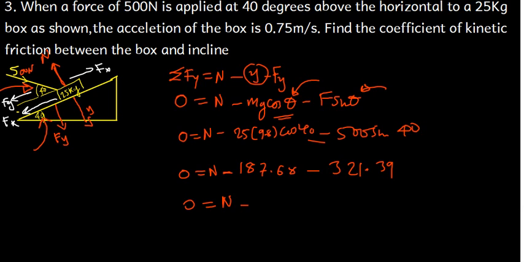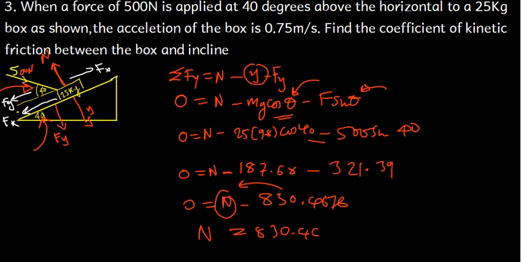What I'm getting is negative 830.4676. So if I take this to the other side, the normal force is going to remain, and this one becomes positive 830.4676 newtons. So that will be the normal force.